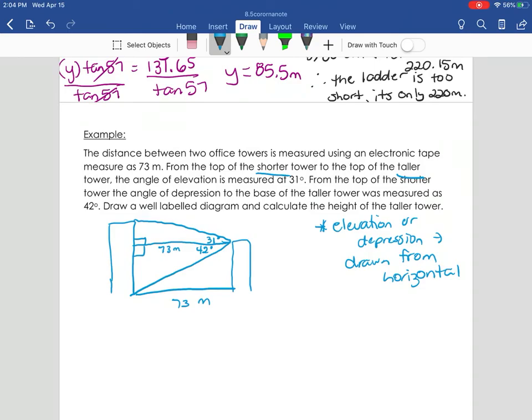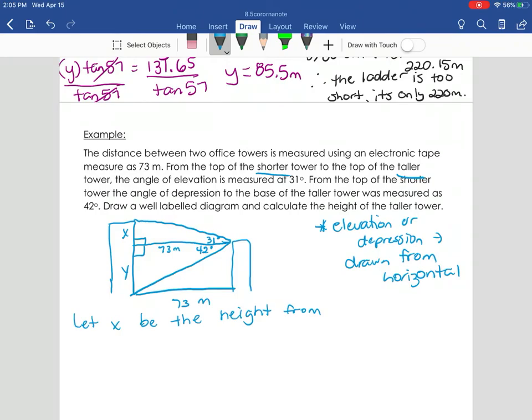Okay, so now we have our diagram, and we're going to find the height of the taller tower. We've got two distances again, so it doesn't really matter which one we do first. You can call this distance X and this distance Y. And for the X description, or the let statement, there's lots you could write.